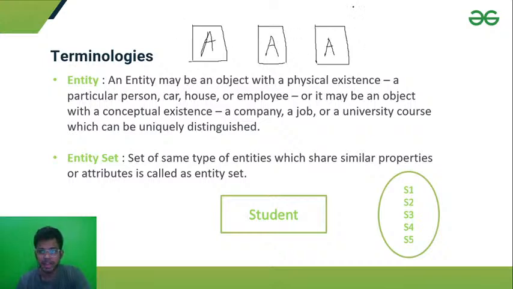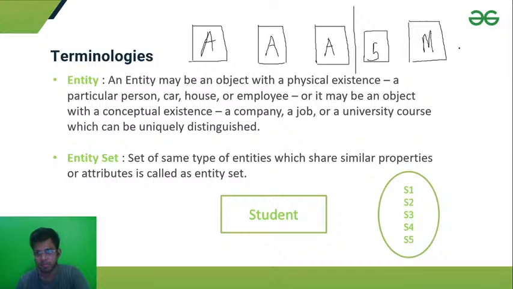But if we take another example, suppose we have notebooks of different sizes. Suppose this notebook is small, this notebook is medium, and this notebook is large. Can we distinguish between them?